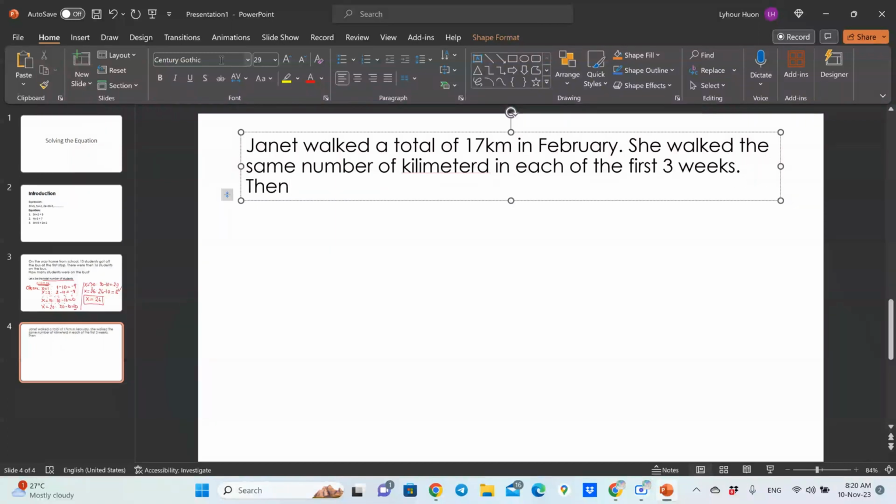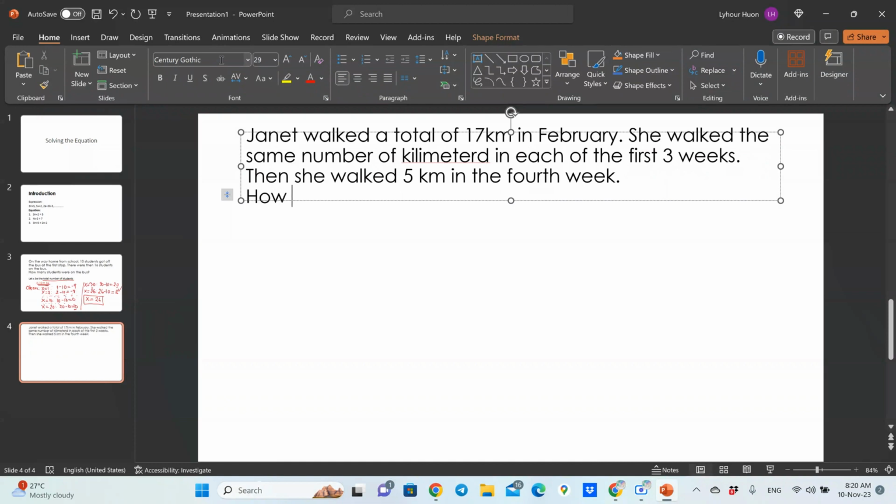Then she walked 5 kilometers in the fourth week.